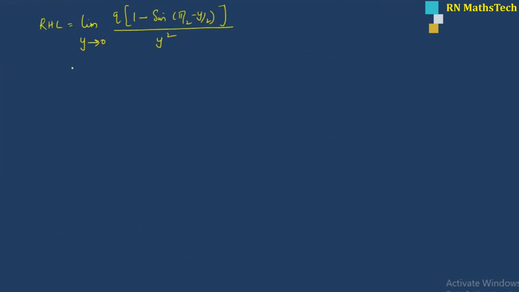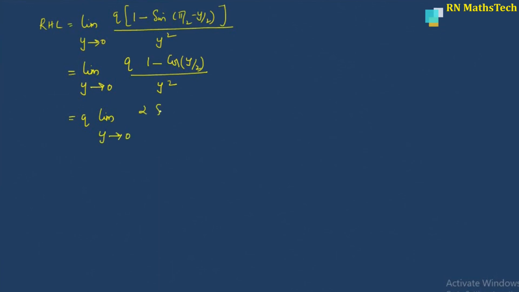So RHL is equal to limit y tends to 0 of q into 1 minus sine of 90 minus theta, which is cos theta, so 1 minus cos y by 2 divided by y square. q is a constant, so it can be taken outside. Limit y tends to 0, 1 minus cos x is 2 sine square x by 2, that is y by 2 by 2, y by 4, by y square.